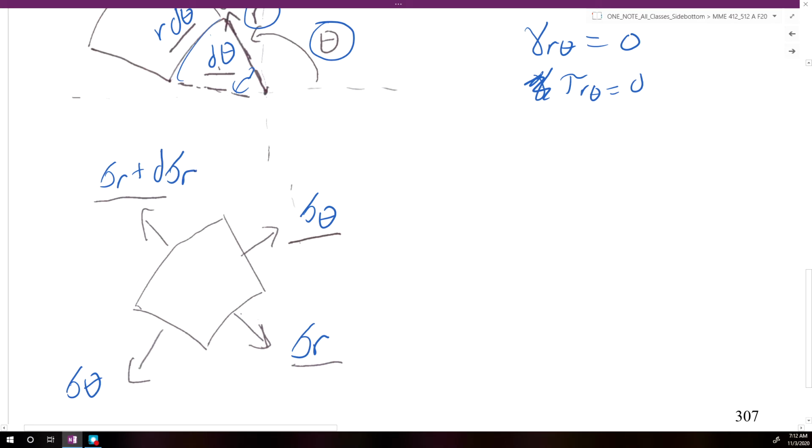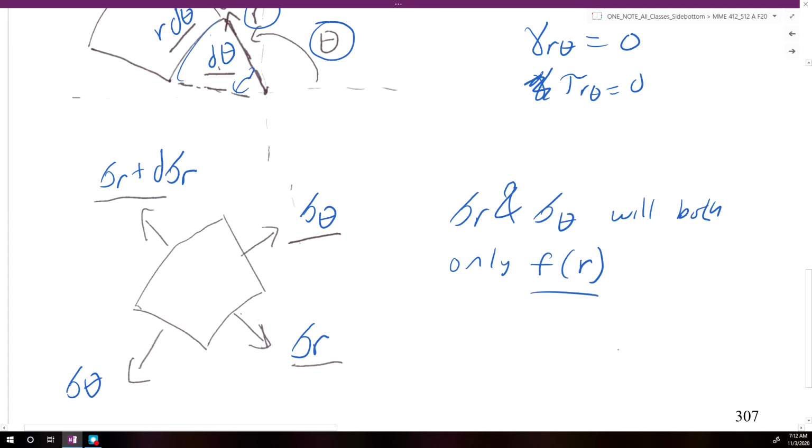Both sigma r and sigma theta will be only functions of r, not theta or z.